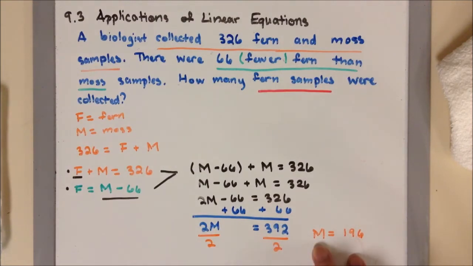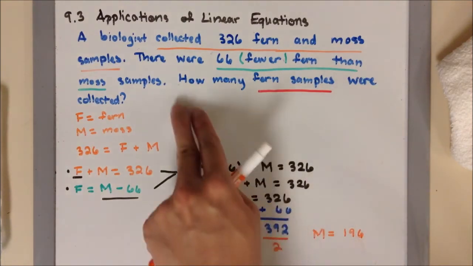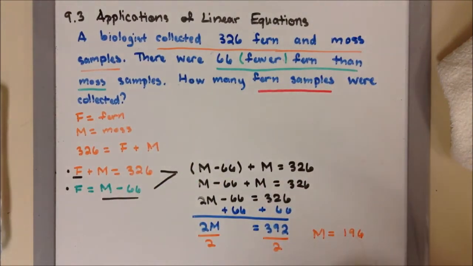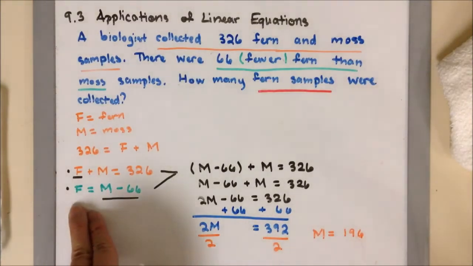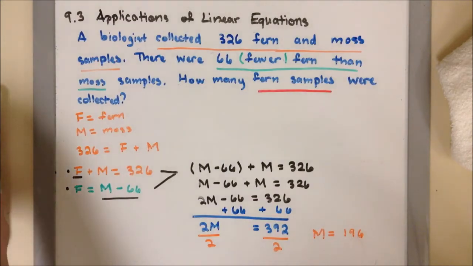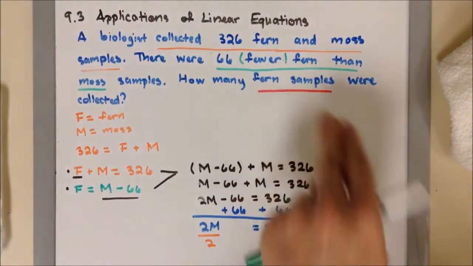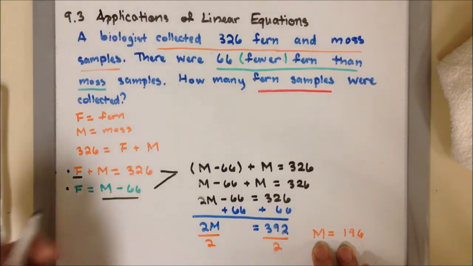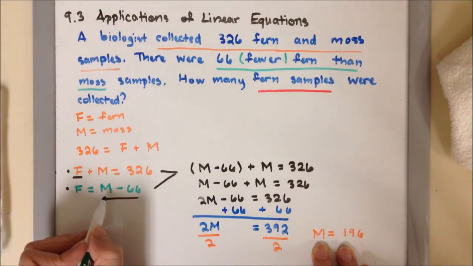So there's 196 moss. But the question is, how many fern samples were collected? So this is not my final answer. So that means I'm going to use this second equation to find the amount of fern, sorry. How many fern samples were collected? So we know that there were 196 moss, so I'm basically going to plug it in to here.